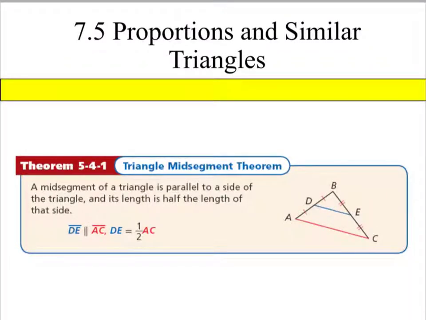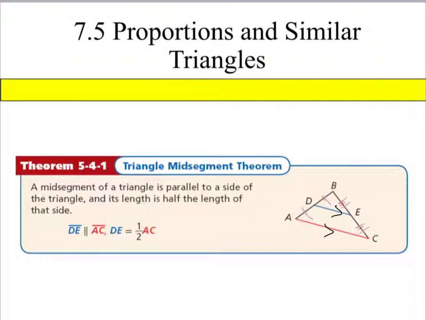Okay, the triangle mid-segment theorem states, and yes, please write this down, a mid-segment of a triangle is parallel to a side of the triangle and its length is half the length of that side. So not only do we know that DE is parallel to AC, not only do we know that DB is congruent to AD and BE is congruent to EC, but we also know that DE is half of AC.